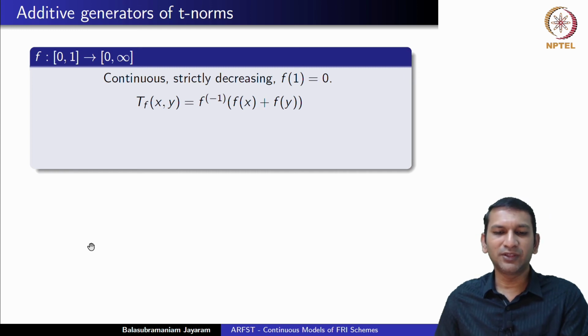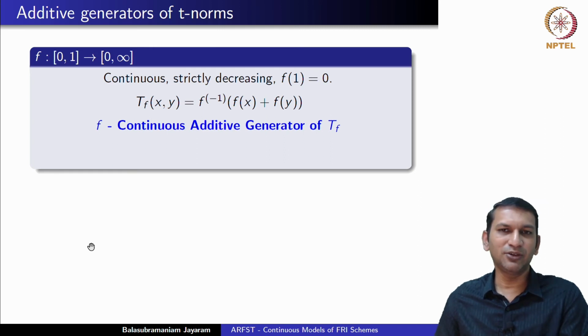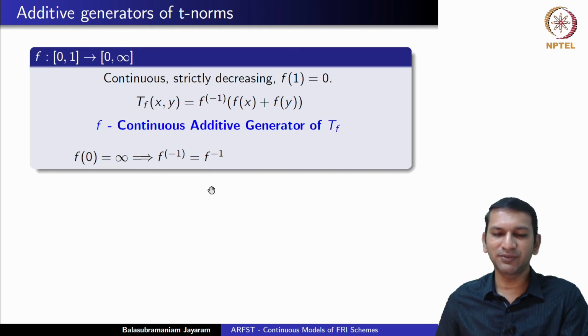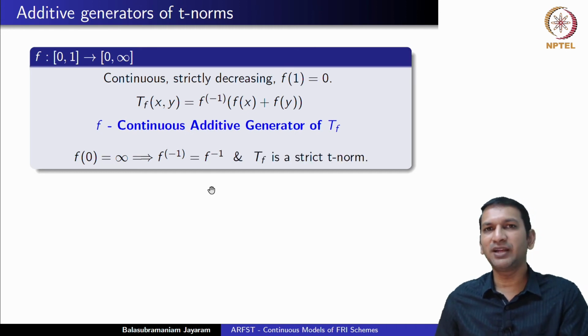Using this, with this formula, we can get a t-norm T_f. This T_f is called the generated t-norm, and f is called the continuous additive generator of T_f. Now we have not specified what the value of f(0) is. However, we know that if f(0) is infinity, then clearly this f pseudo-inverse becomes the actual inverse of f, and the T_f is in fact a strict t-norm.